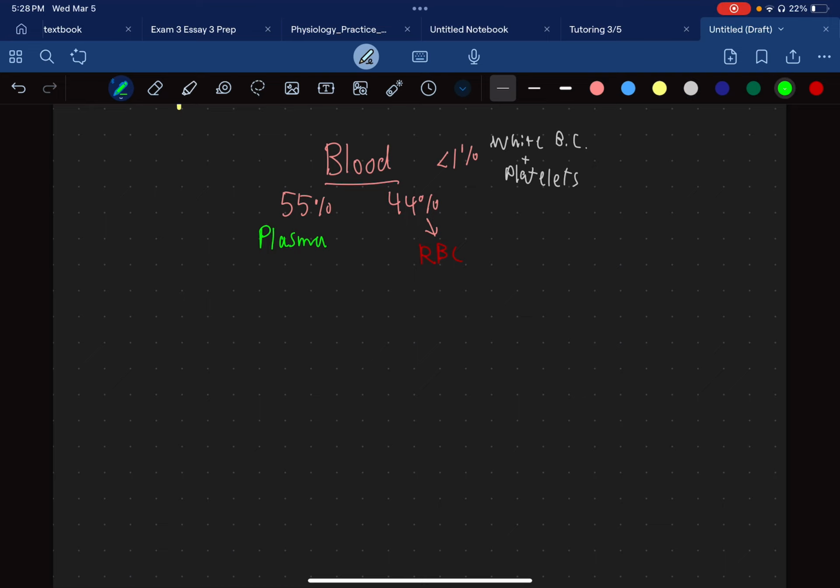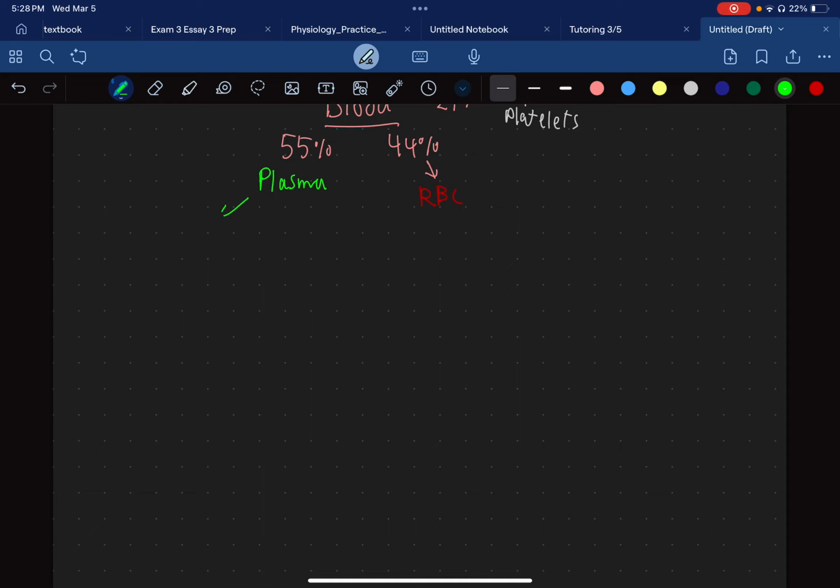With the plasma, 92% of the plasma is going to just be water. 8%, not 80, 8% is going to be colloids, which are just proteins in the blood. There's a couple different ones.